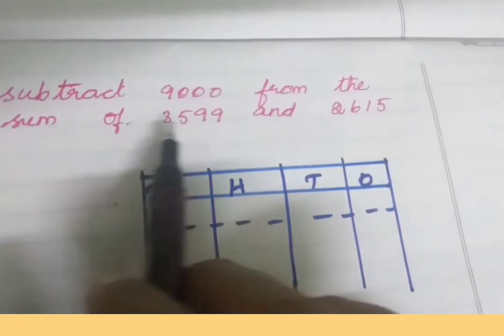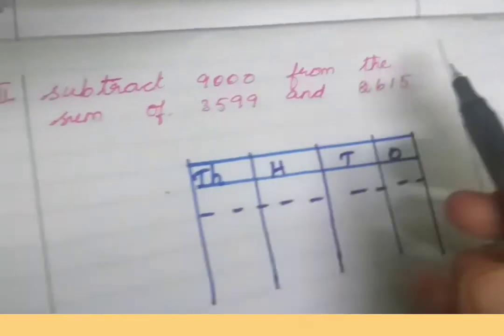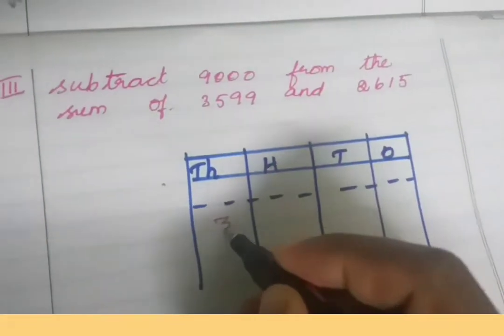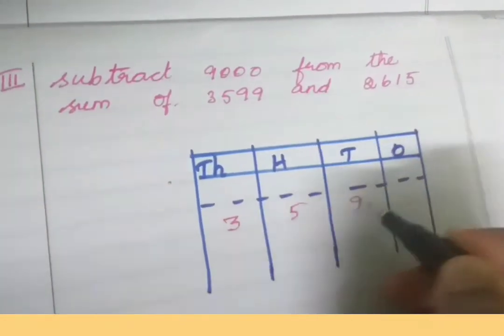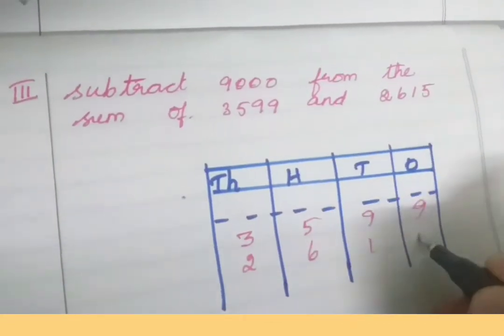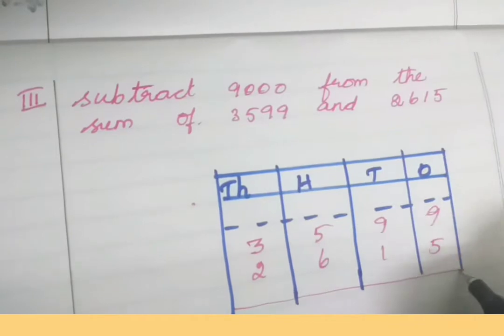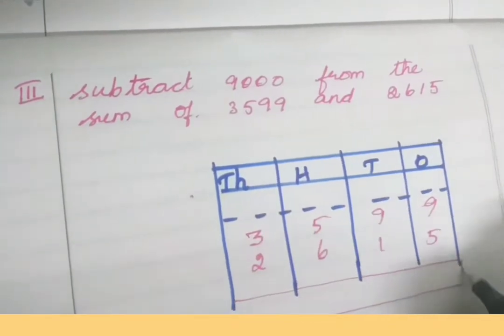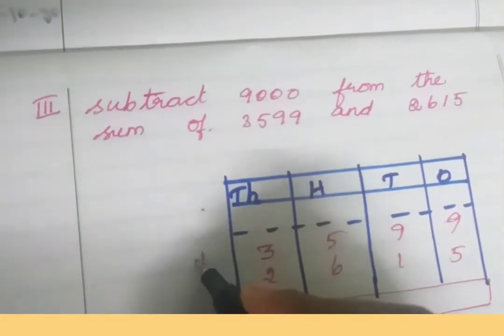Sum of means add the two numbers. So what are the numbers? 3,599 and 2,615. So here plus, first of all add.